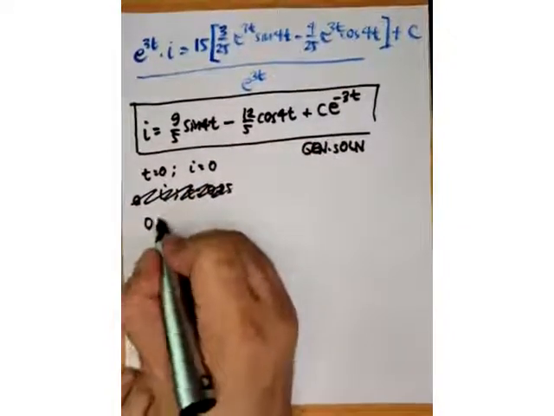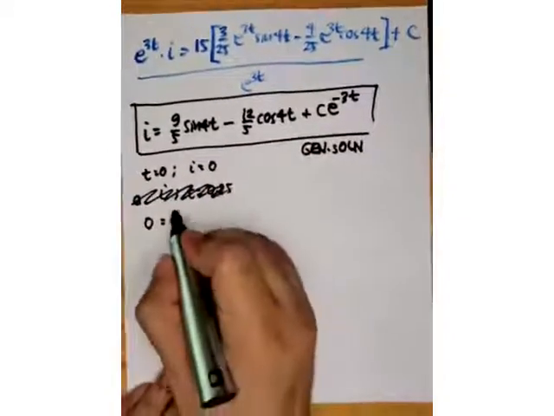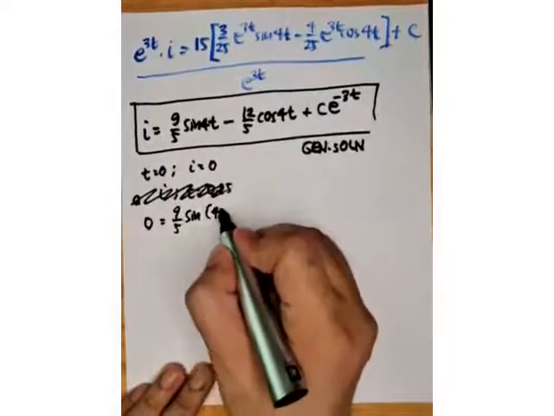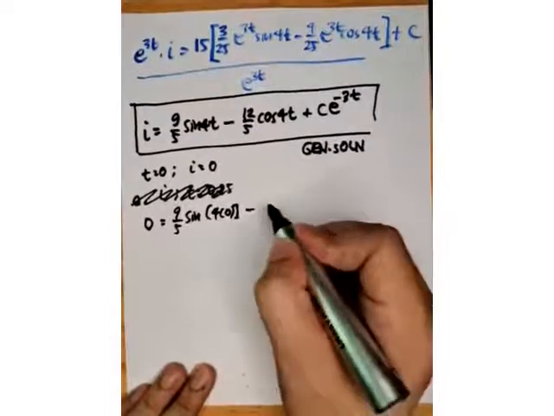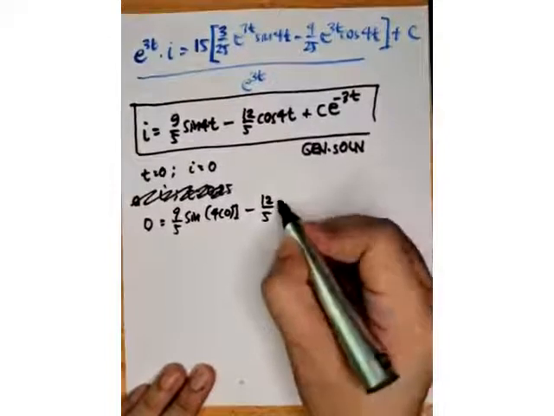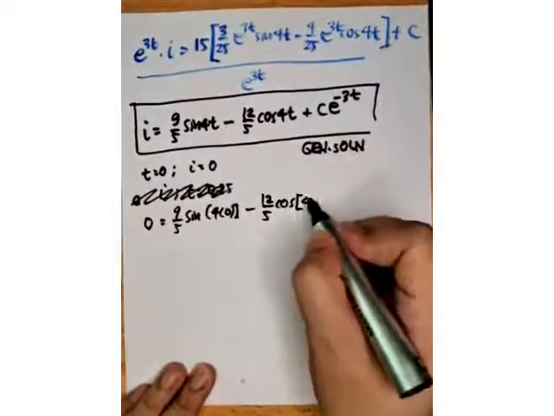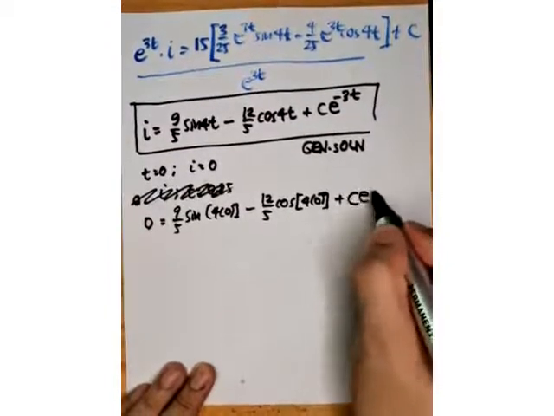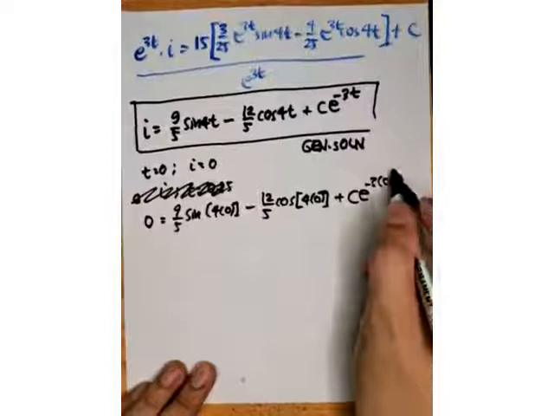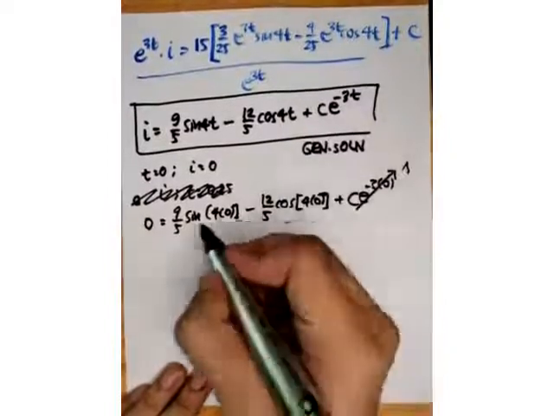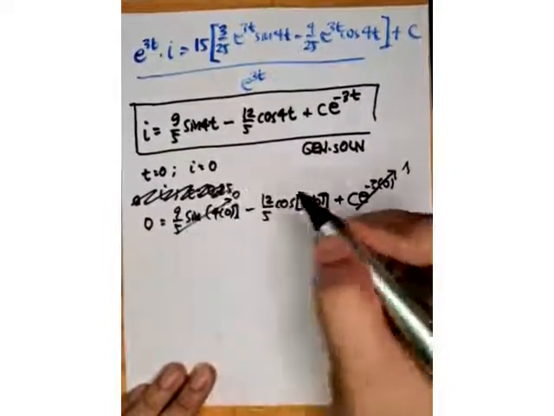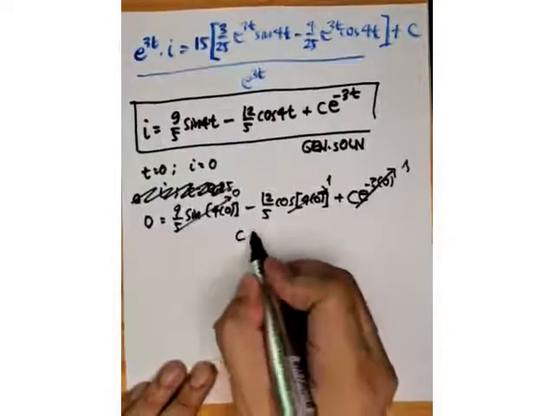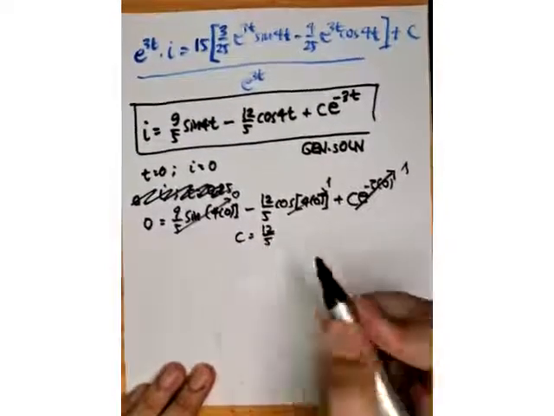So 0 is equal to 9 over 5 sine 4 times 0 minus 12 over 5 cosine of 4 times 0 plus Ce raised to negative 3 times 0. So sine 0 is 0 and cosine 0 is 1. So therefore, C is equal to 12 over 5.